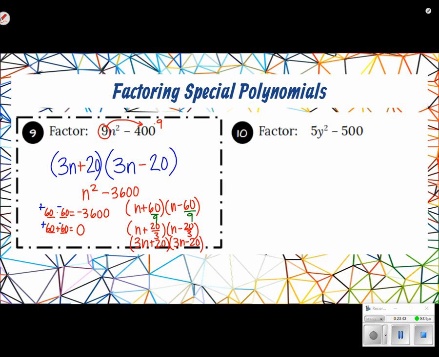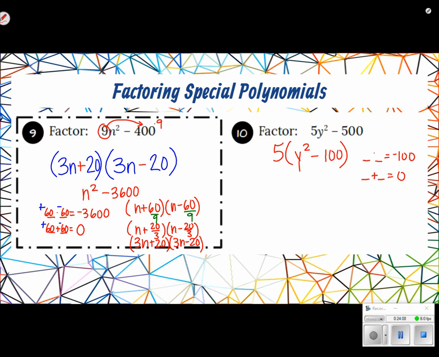Now, number 10, you should notice there is a greatest common factor. So let's pull that out. We want this to be factored completely. So let's divide by 5. So we get y squared minus 100. All right, now you could do what two numbers multiply to give you negative 100. Those same two numbers have to add to give you 0. You could do that.